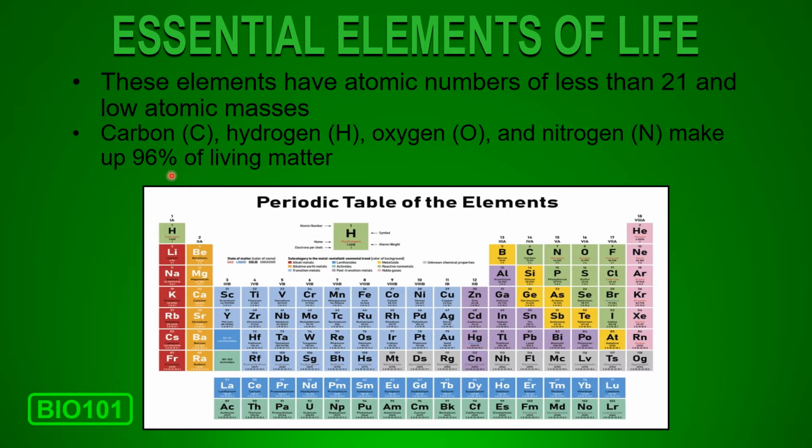And look, 96% of all living matter is made up of carbon, hydrogen, oxygen, and nitrogen. We'll see some other things thrown in there for good measure from time to time, but by and large, when we talk about organic systems and organic molecules: carbon, hydrogen, oxygen, and nitrogen. Important for you to remember those.